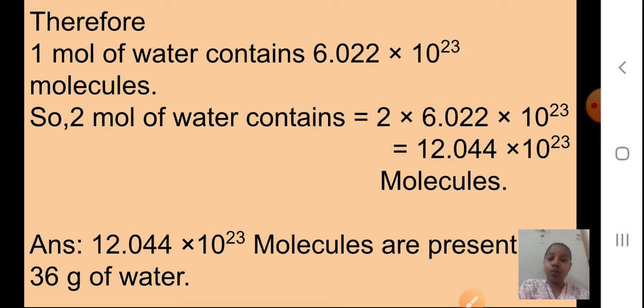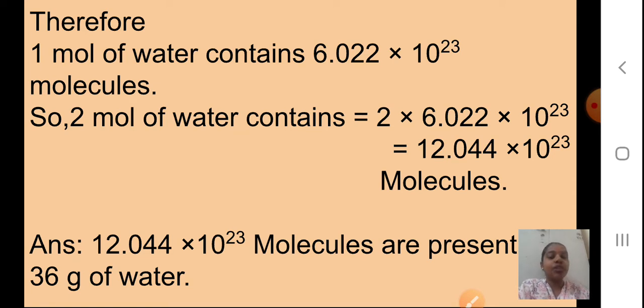Yes. So 1 mole is that many molecules. How much N did we get? 2 moles. So 2 moles of water contain, we have to multiply Avogadro's number by 2. So what is the answer we are getting? 12.044 into 10 raised to 23 molecules.